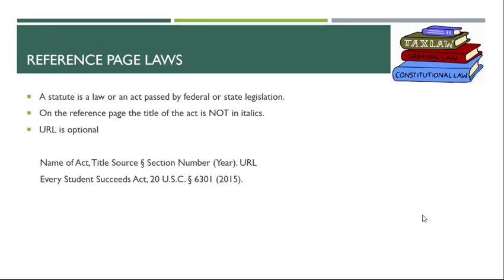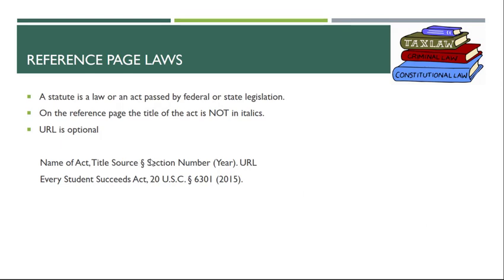Sometimes you may need to quote or cite exact laws. A statute is a law or an act passed by federal or state legislation. On the reference page, the title of the act is not in italics and the URL is optional. It will contain the name of the act, the title of the source, section number, year, and URL.